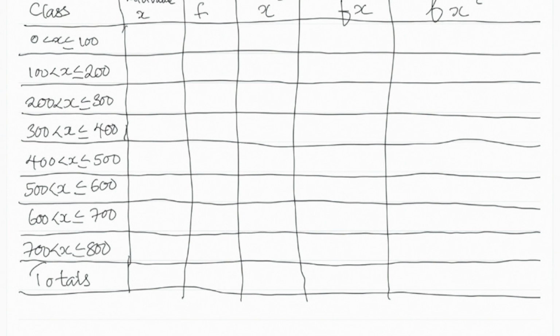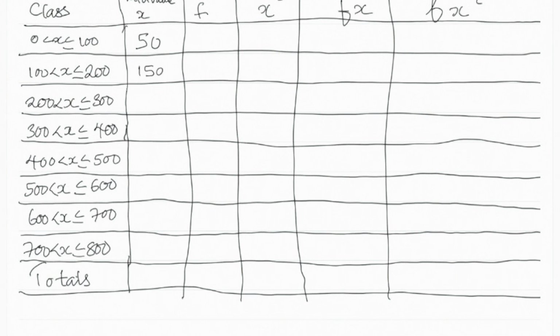Now what are we going to do? What is our mid value here, which should be x? When you look at the class interval 0 and 100, you add 0 and 100 divided by 2, you get 50 here, and then you get 150 here.